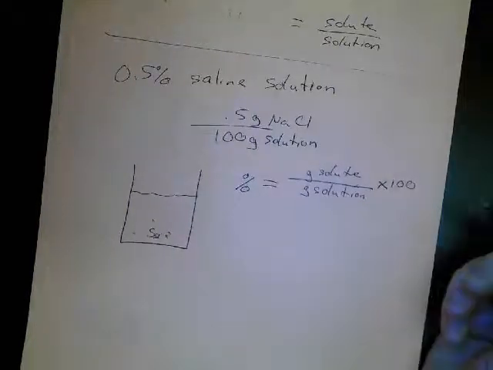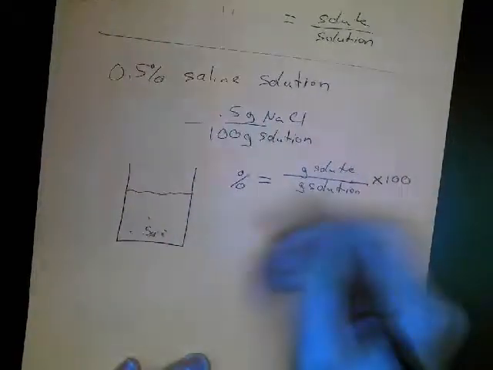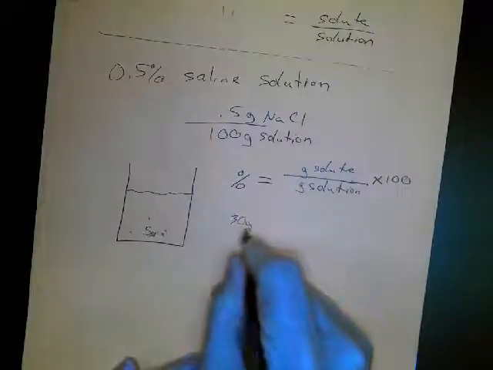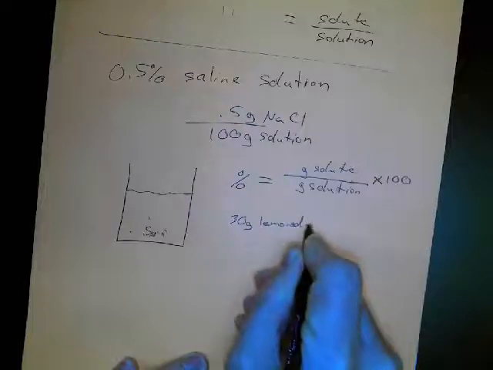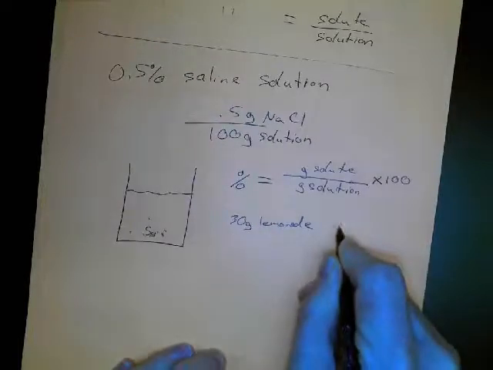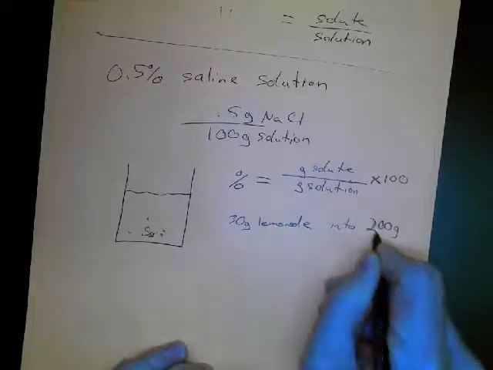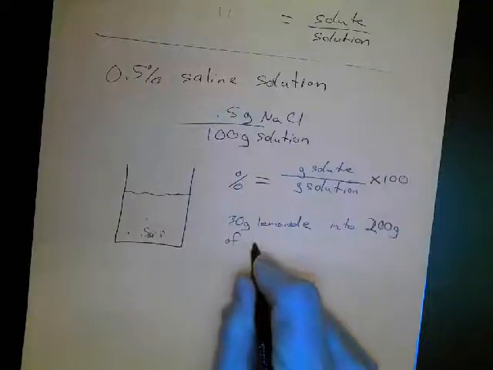So a sample question might be: you go out to make your lemonade solution, and you take 30 grams of lemonade powder, and you dump it into, let's say you make 200, let's say you dump it into 200 grams of water.